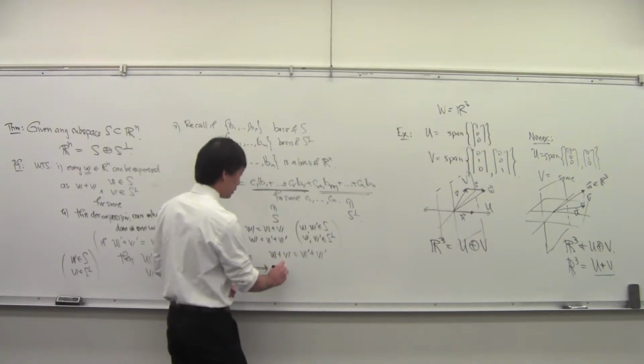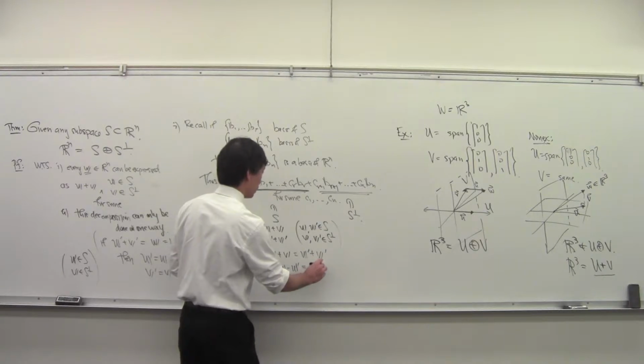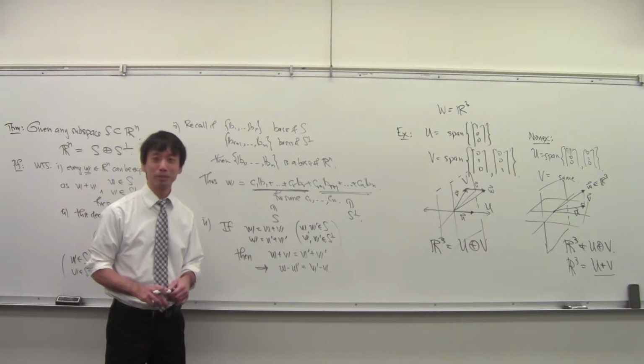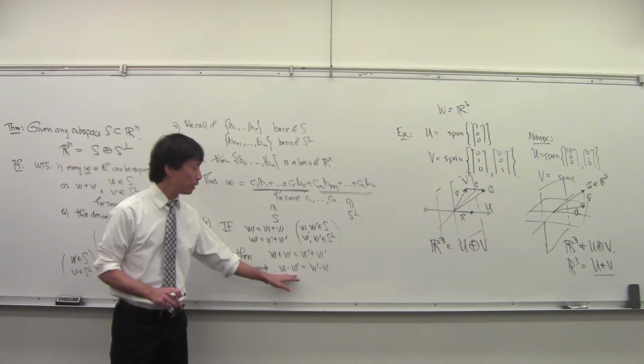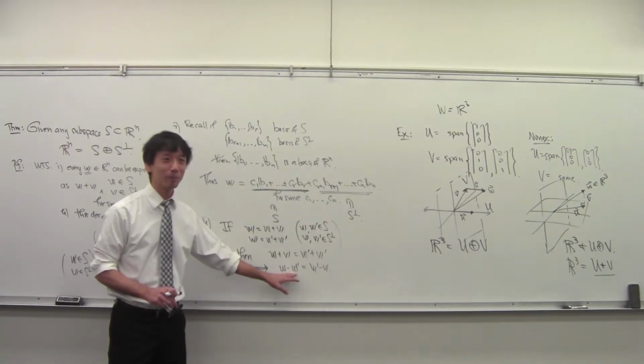Well, U minus U prime is V prime minus V. So where is this thing on the left? In what subspace is it? Well, the U's are in S, so this is in S. Yes. The only way that they're equal is if it's 0.